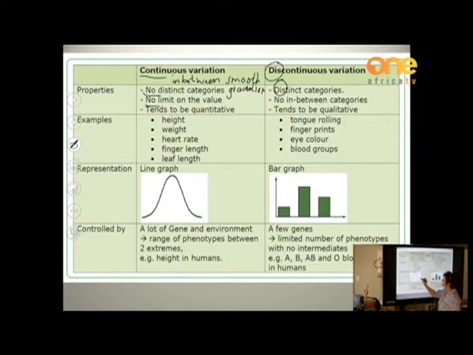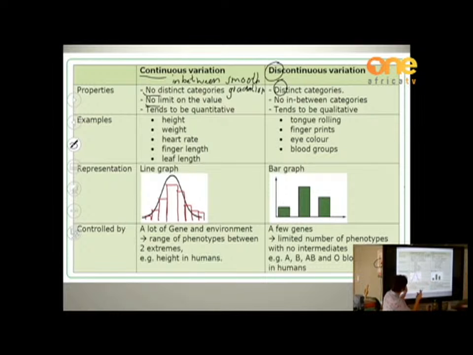What I want us to use here, they call a normal curve, but I want us rather to use the histogram. A histogram is where we draw the bar graphs close together.